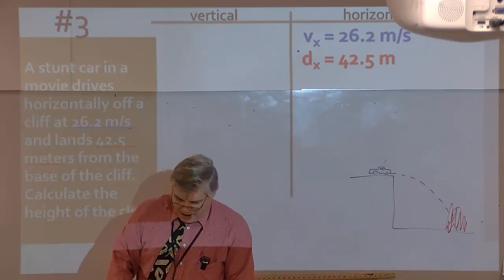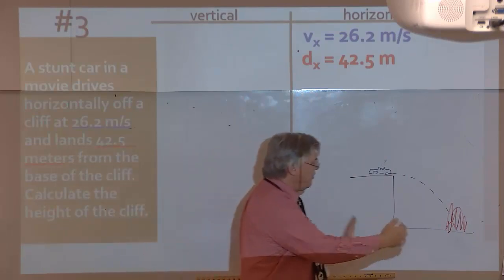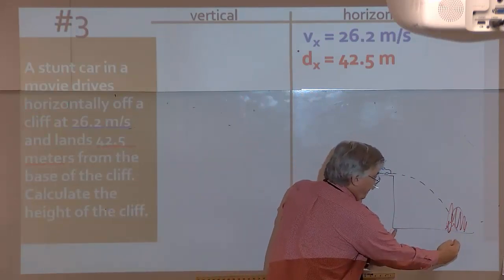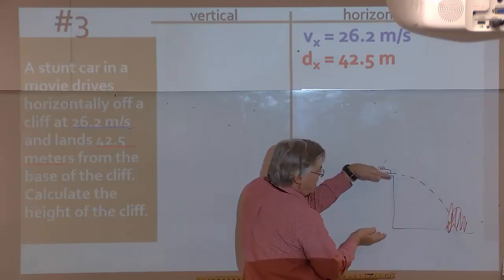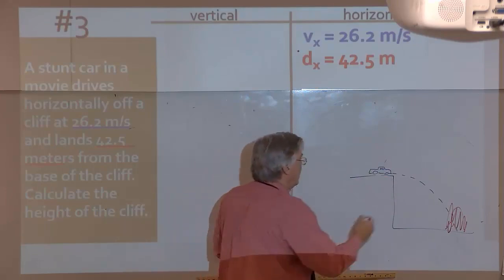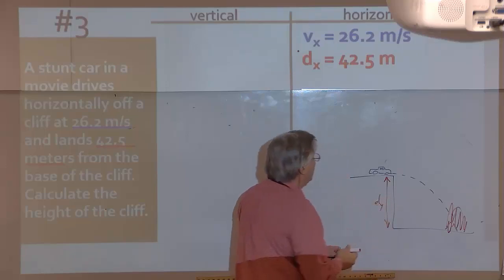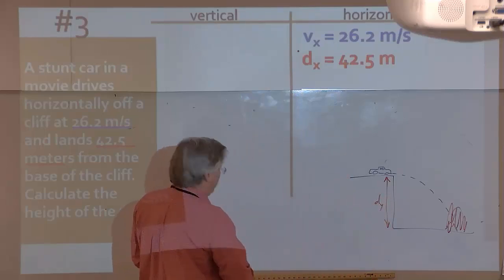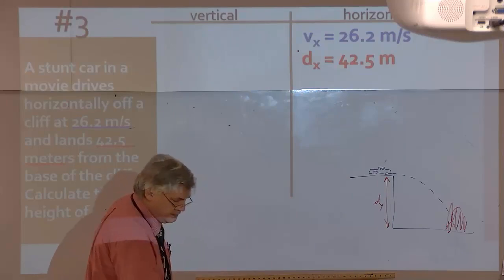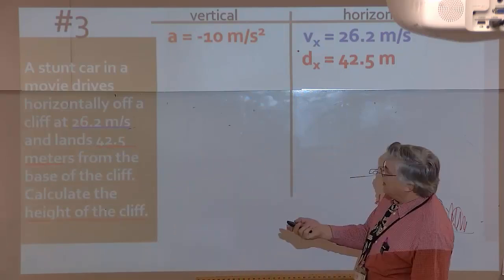Yeah, fire and explosions. So we know this, and we know the velocity, so we're looking for this. What is the height of the cliff? So we're looking for dy. Right? So, the height of the cliff.